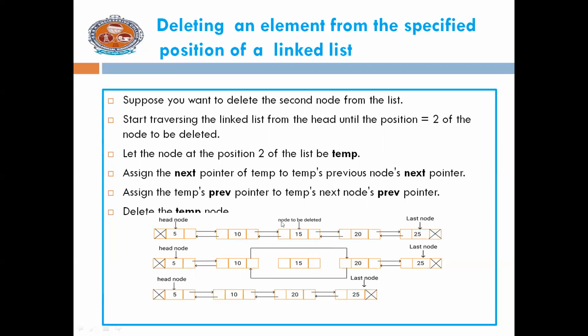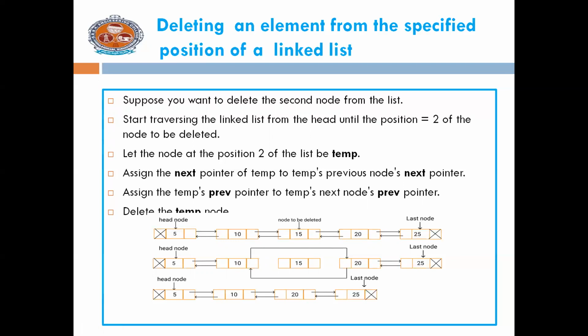Here the temporary variable is this 15, and if you delete this node, you have to update the next pointer of the previous node and the previous pointer of the next node. So you have to assign temp arrow previous arrow next.